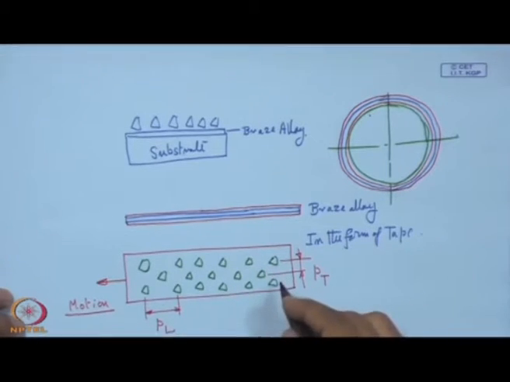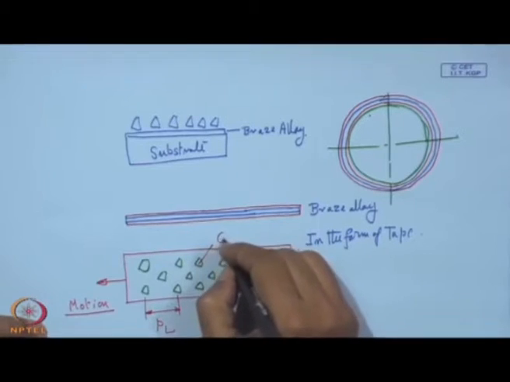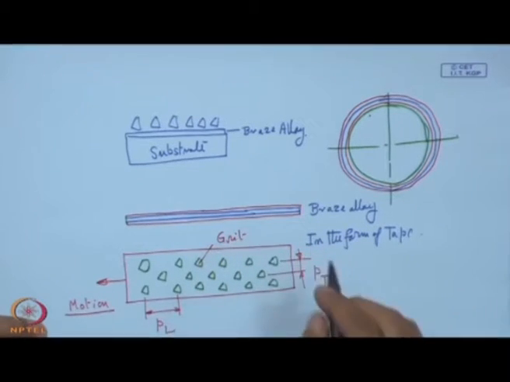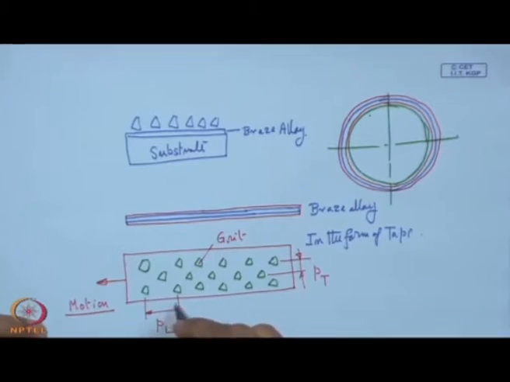This abrasive tool is going to remove material, and on that surface, these grits have the abrasive action, and this PL is important from the point of view of chip clearance. That means the chip which is removed must have adequate chip length so that chip clogging does not take place.